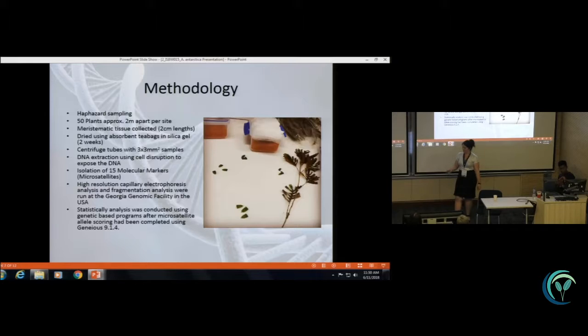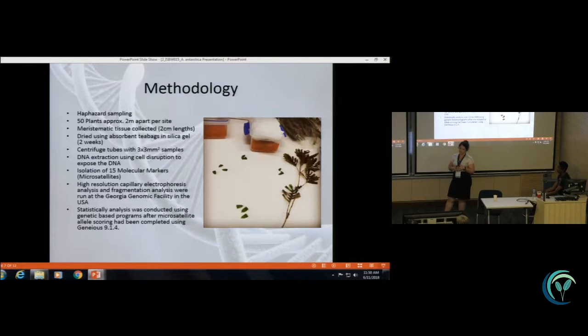So my methodology. For my local scale, I used a haphazard sampling method that was conducted over a period of 10 months. I had 7 population sites that I sampled from, and I picked 50 plants from each site.